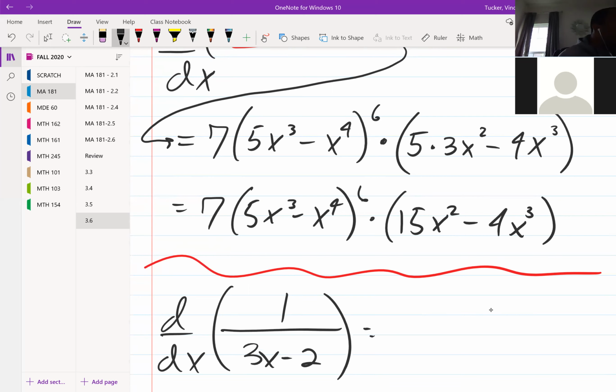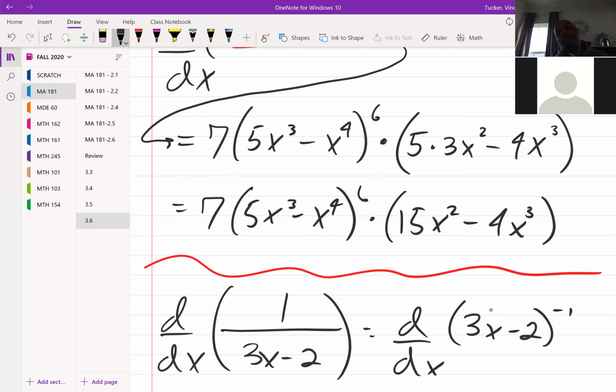All right, so we have here the derivative of 1 over 3x minus 2. It'd probably be best if we rewrite this as 3x minus 2 to the negative first power. Don't forget, if you have anything in your denominator, you can raise it up to the numerator by rewriting it with a negative exponent.